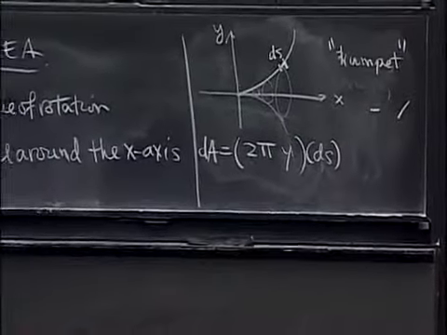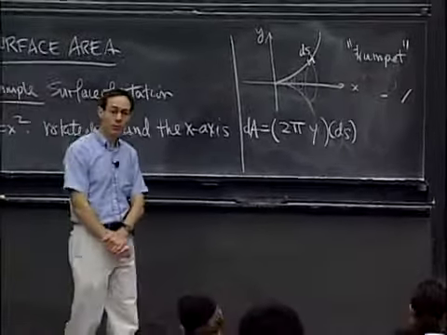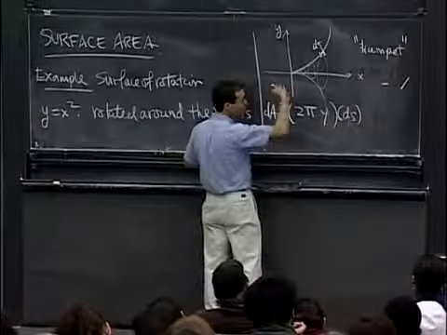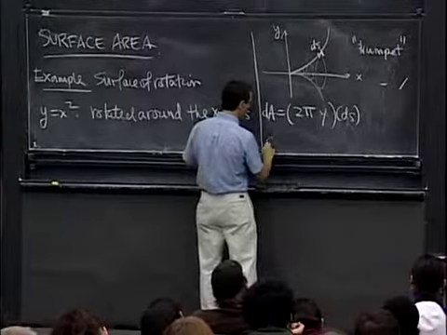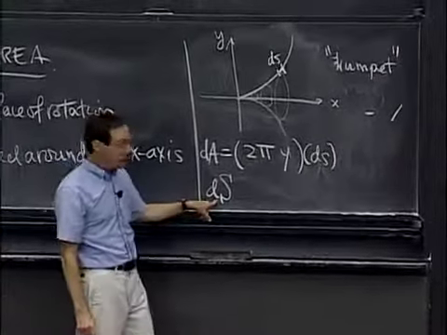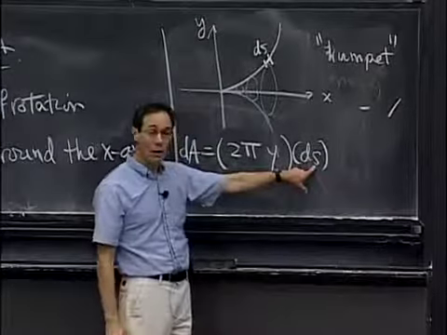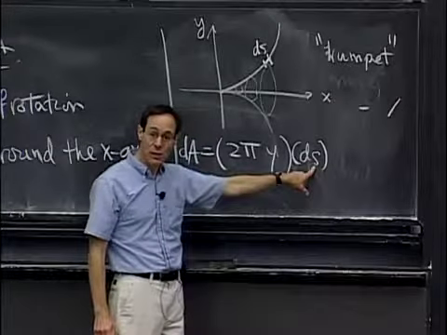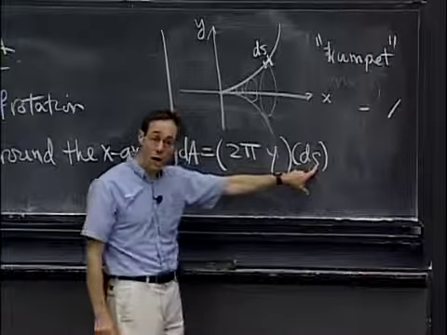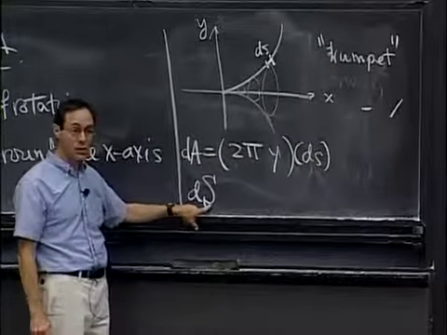Now, when you get to 18.02, and maybe even before that, you'll also see some people referring to this area element, when it's a curvy surface like this, with the notation dS, uppercase S. That's a little confusing because we have a lowercase s here. We're not going to use it right now, but the lowercase s is usually arc length, the uppercase S is usually surface area.